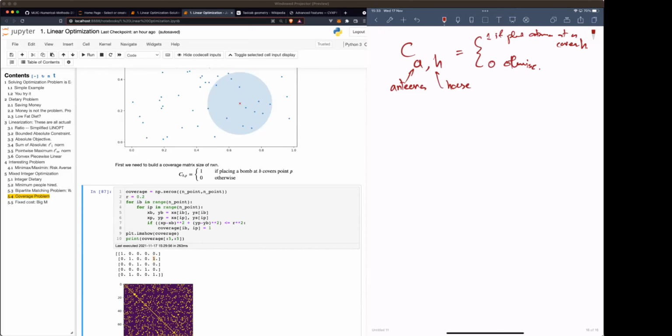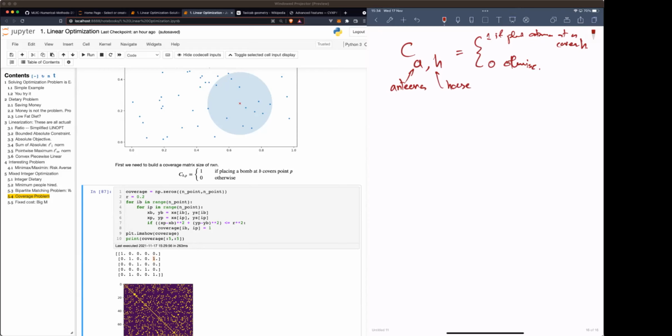Anyone has a good idea? Give me the simplest one. You want to know where you place your antenna.